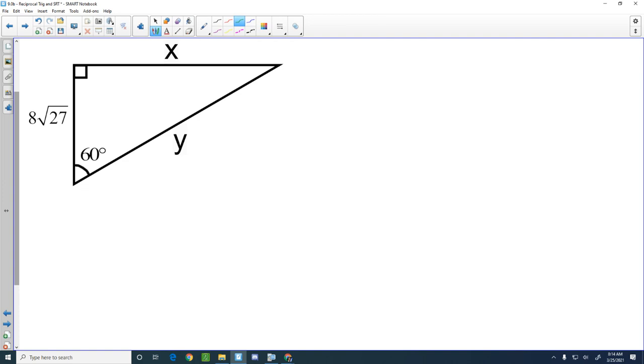Nice, simplified it first, very good. If it makes it easier, you can simplify that radical first. Which I've seen several students do already.